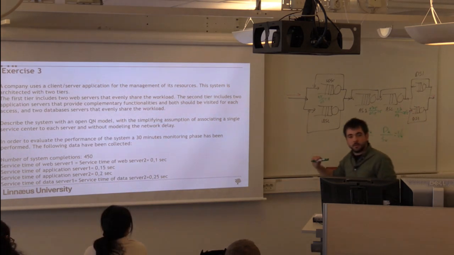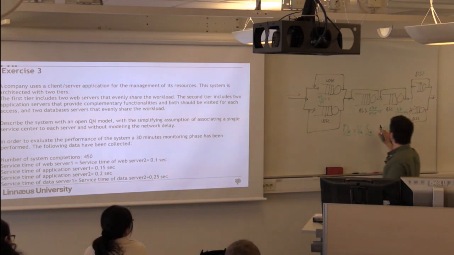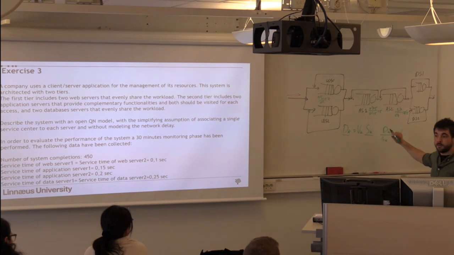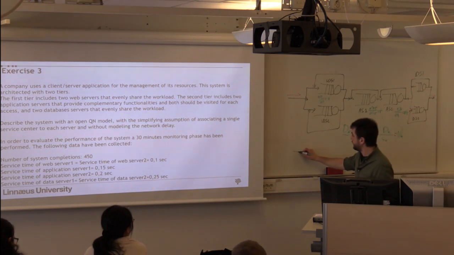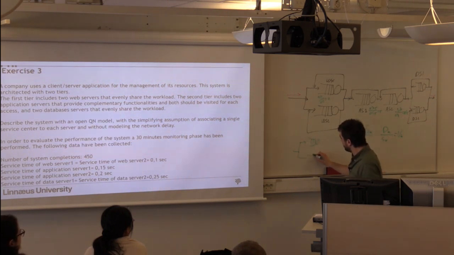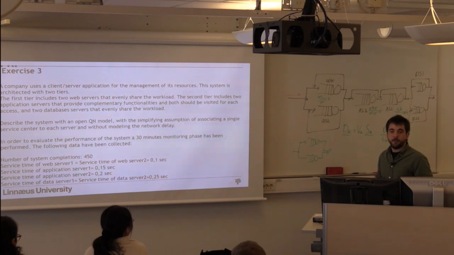One thing that I have not said, but the number of visits is not necessarily an integer, so it can be a fractional number, and it may be below 1, as in your first question about what happens if I go in one path or in the other. If our system does like this, the number of visits will be less than 1.